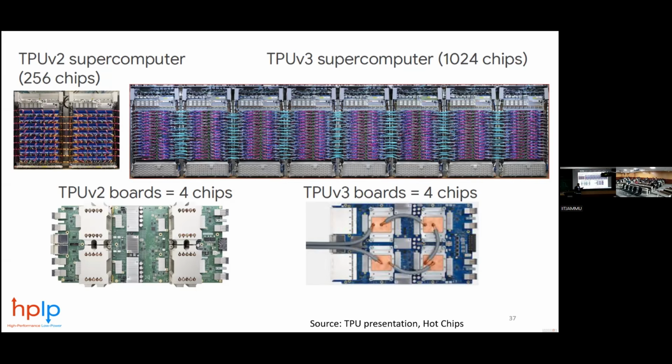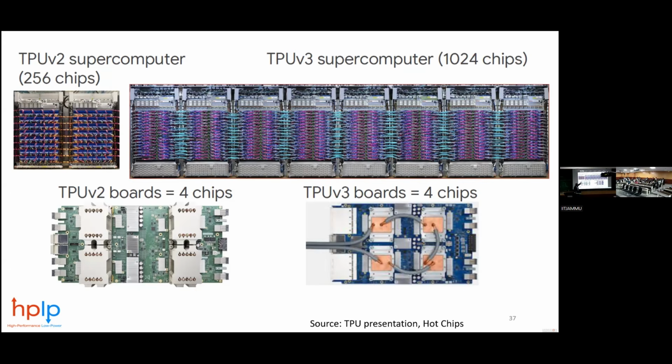So you no longer care that much about the individual chips, and these are water cooled, with microfluidic cooling. All these very powerful ways to get a lot of performance. TPU V2 still had heat sinks with fans. TPU V3 is already doing microfluidic cooling.